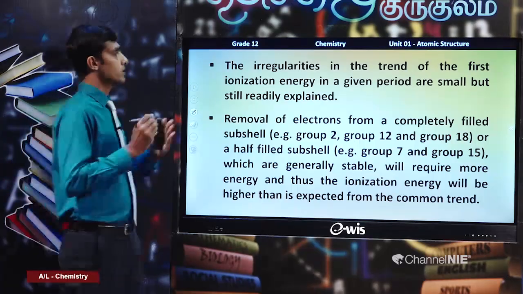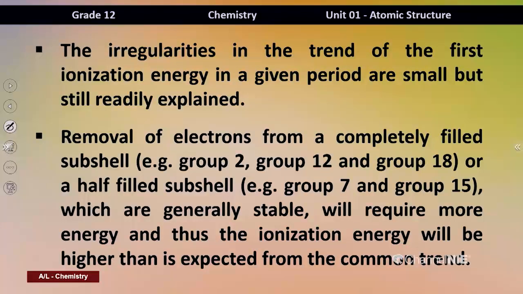Now, let us consider the first ionization energy variation of the elements from lithium to neon: lithium, beryllium, boron.